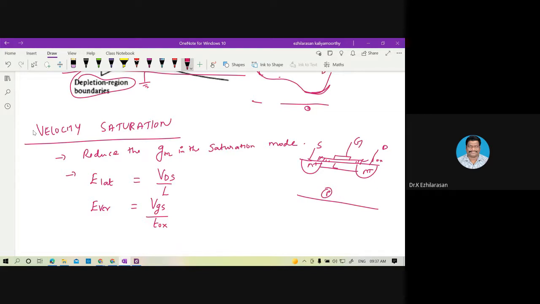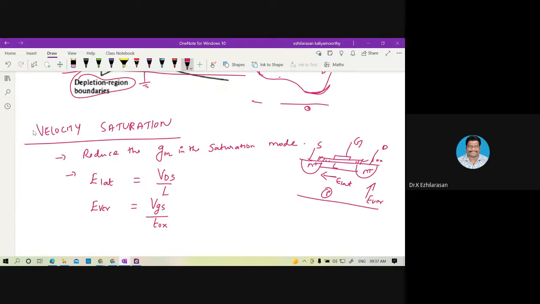E lateral is nothing but this, and this will be your E vertical. So VDS, the voltage across, divided by the length. Next, the E vertical will be VGS, because we need to apply the voltage between gate and source, divided by the oxide thickness Tox, which acts as a barrier.